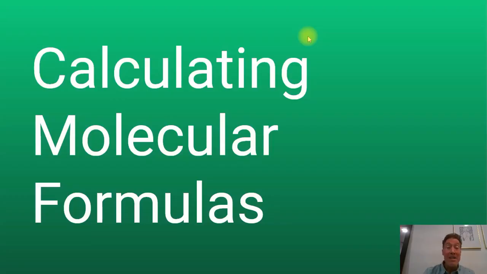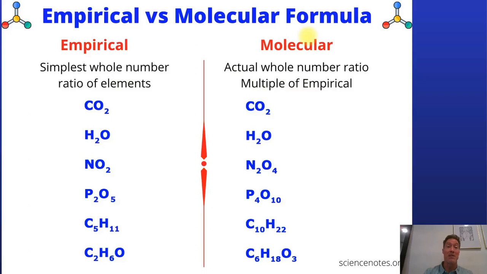I have now calculated the empirical formula starting with a percentage of a compound. And from that, I can then calculate molecular formulas. Okay, remember, the empirical formula is simply the simplest whole number ratio of elements. Right? The molecular formula, the actual ratio, is going to be some multiple. It might be the empirical. So here, CO2, 1 carbon to 2 oxygen, that actually turns out to be the actual molecular formula.